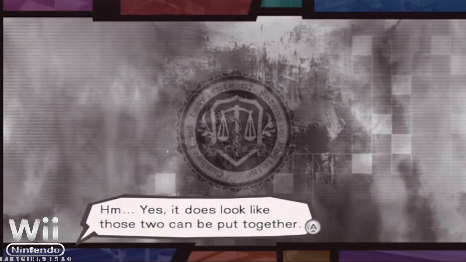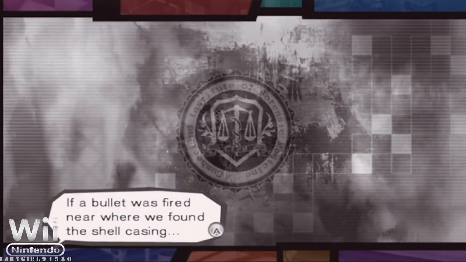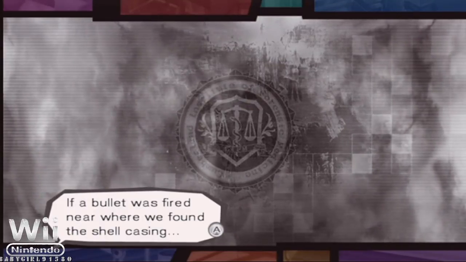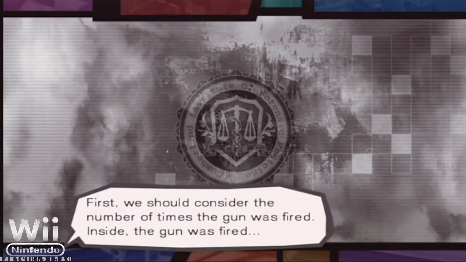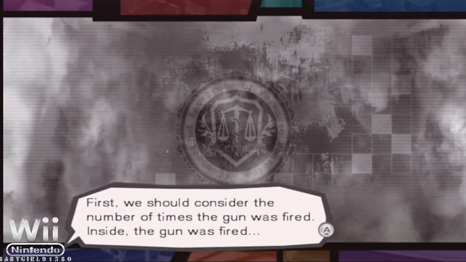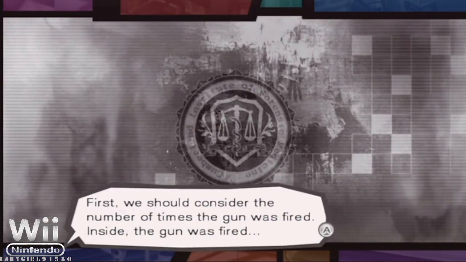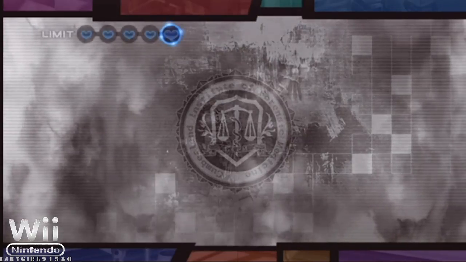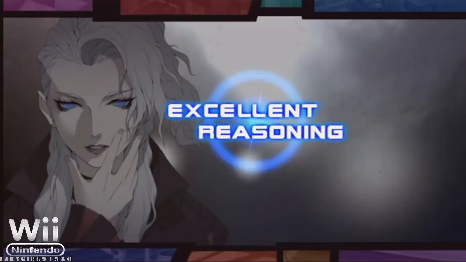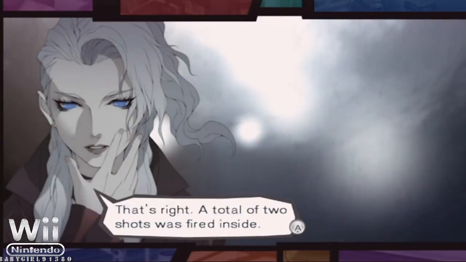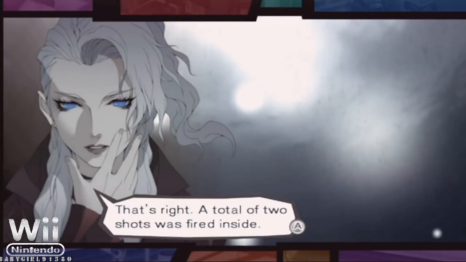Yes, it does look like those two can be put together. If a bullet was fired near where we found the shell casing, the question is which direction the bullet went. First, we should consider the number of times the gun was fired. Inside, the gun was fired... That's right. A total of 2 shots was fired inside.